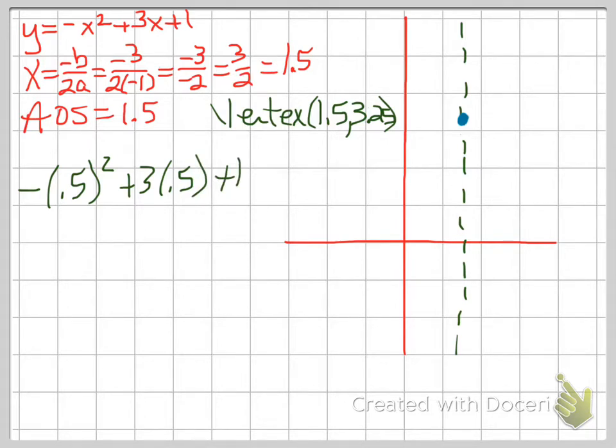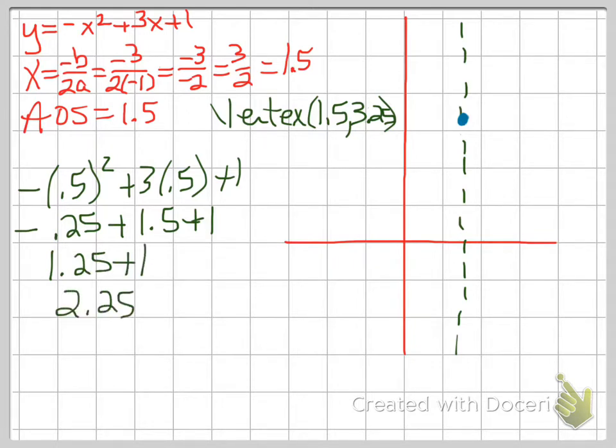And 0.5 squared is 0.25. So negative 0.25 plus 3 times 0.5 is 1.5 plus 1. So negative 0.25 plus 1.5 is 1.25 plus 1 gives me 2.25.